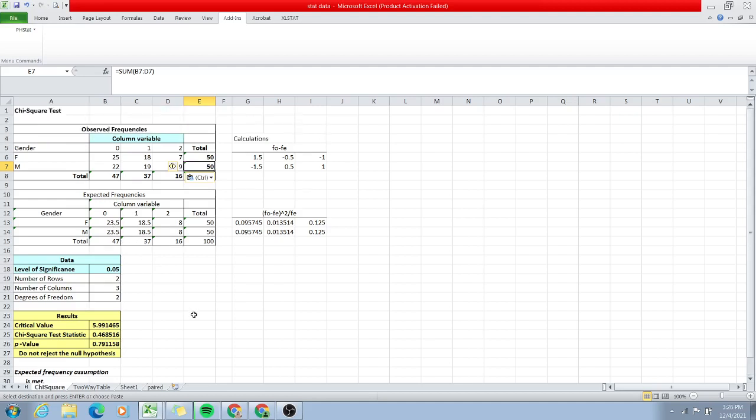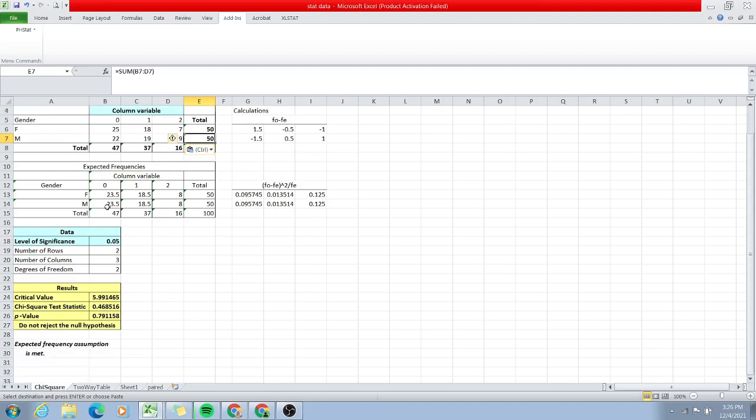However, the chi-square test of independence could not be used if there is a cell with an expected frequency that is less than 5. That is one of the requirements for the chi-square test of independence. If we observe each cell, there is no expected frequency less than 5. Thus, there is a note here that the expected frequency assumption is met.